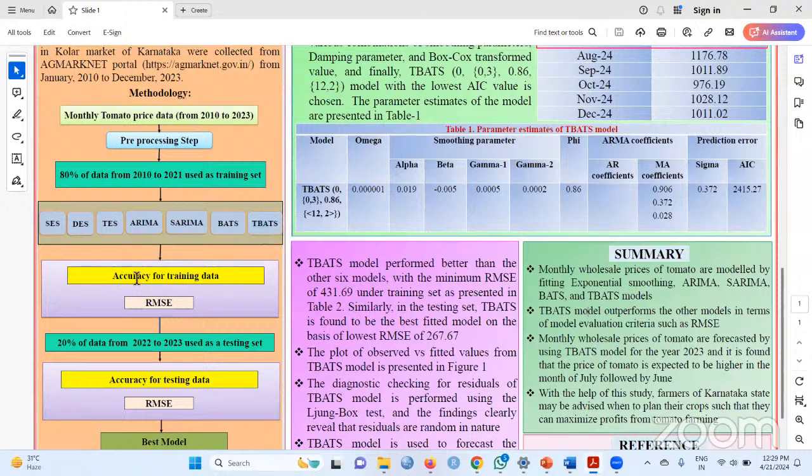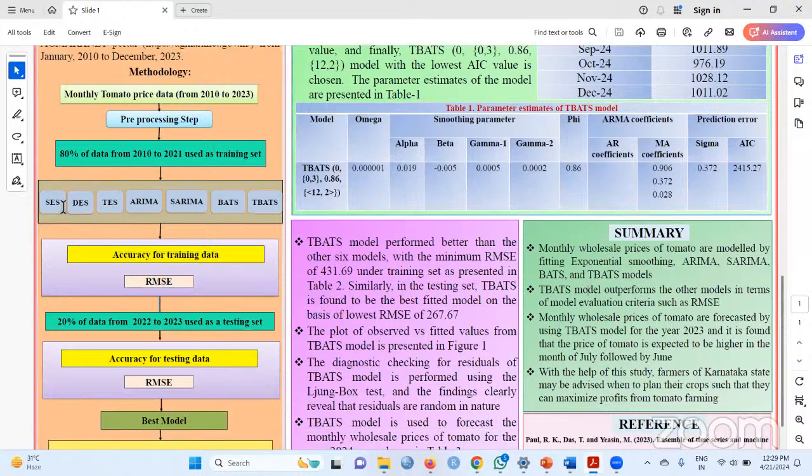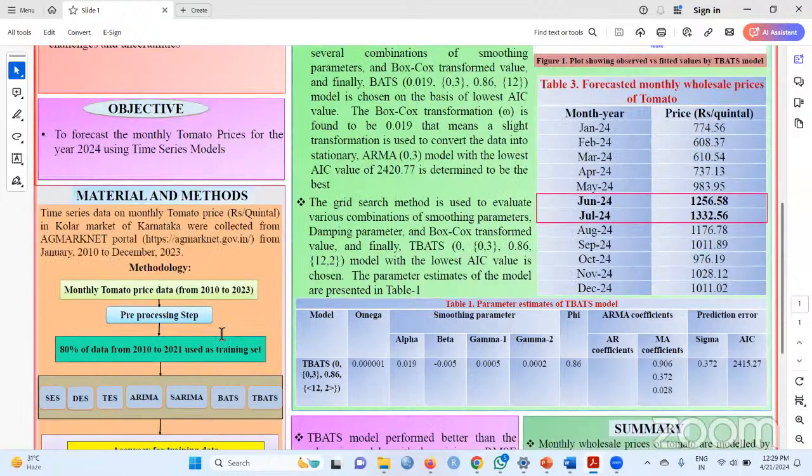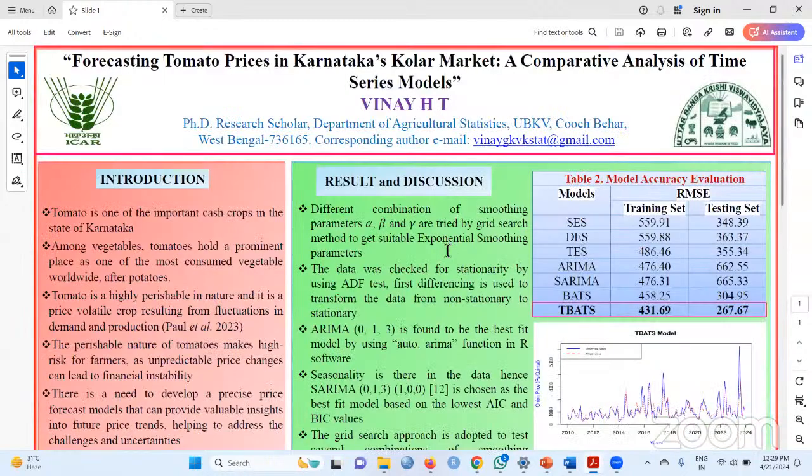I found the accuracy of both training set and testing set using RMSE, that is root mean square error. After fitting all 7 models, I found the best model based on RMSE. That best model will be used for forecasting the monthly tomato price for the year 2020-24. The parameters of all 7 models were calculated based on grid search using R software.